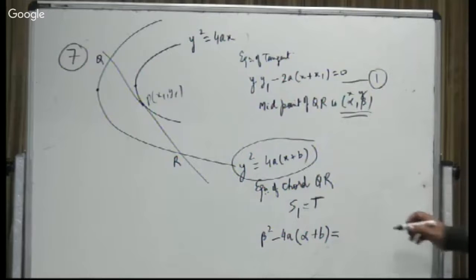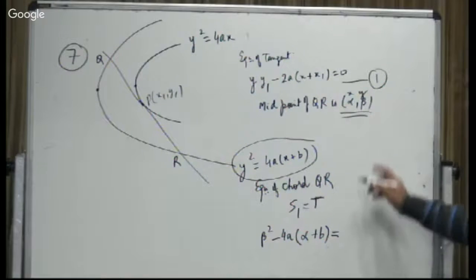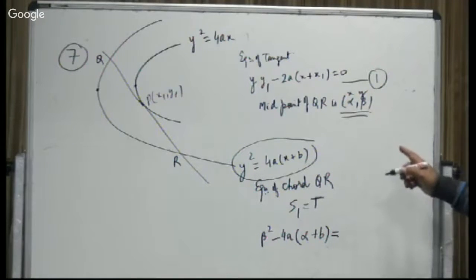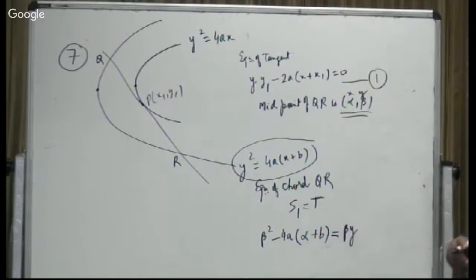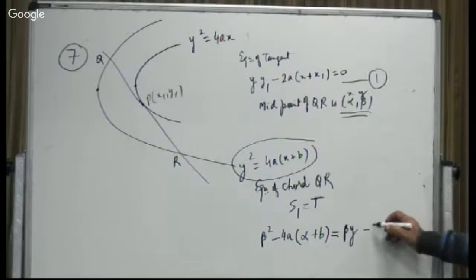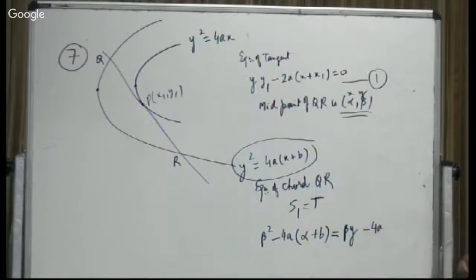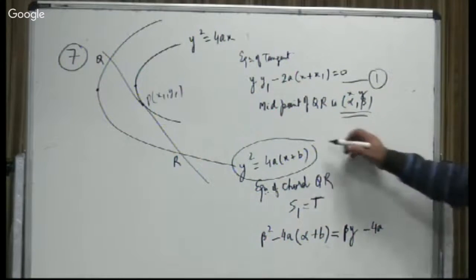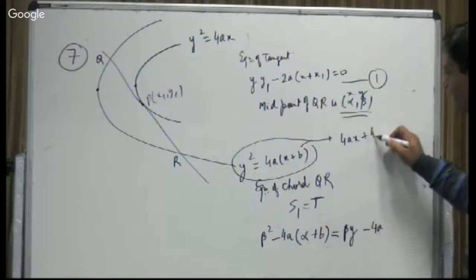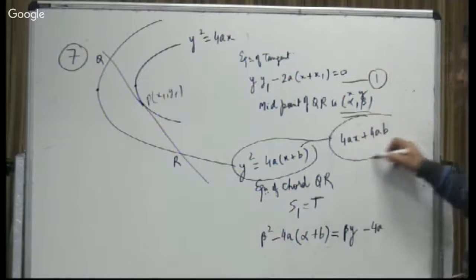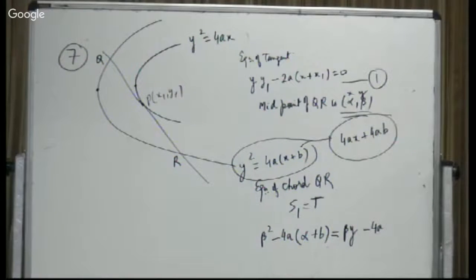What will be T? Y dash. So y beta, or you can write beta y minus 4a, right? Or you can just first open it up, 4ax plus 4ab.